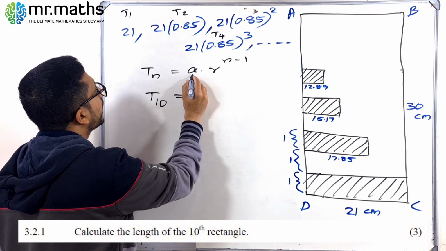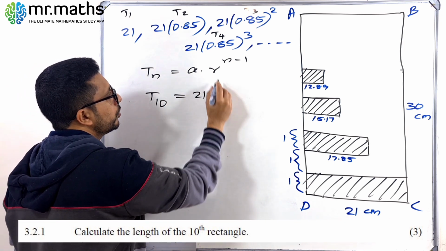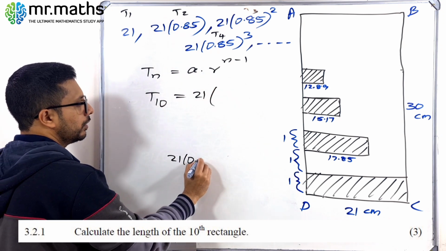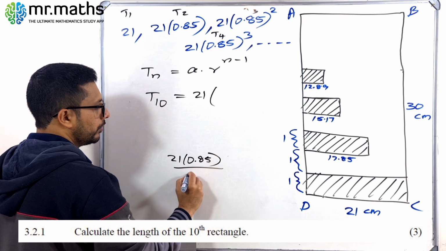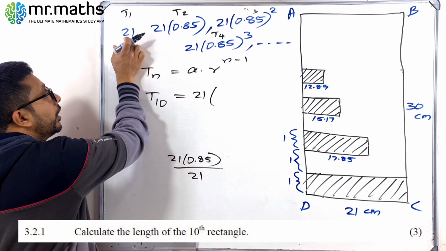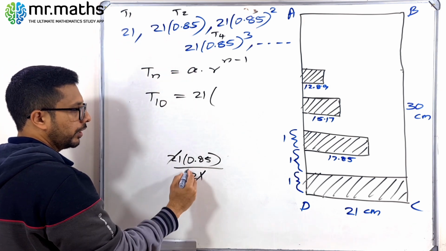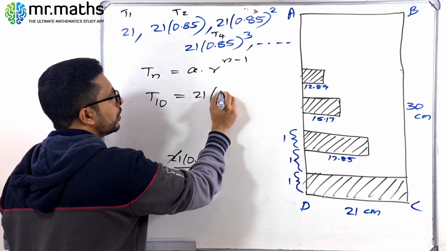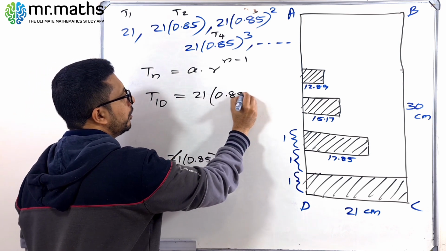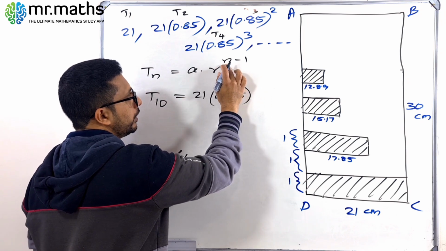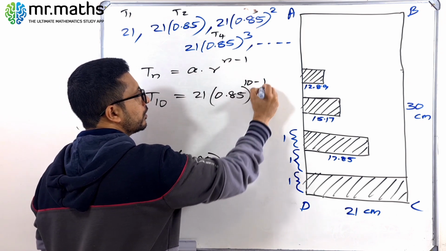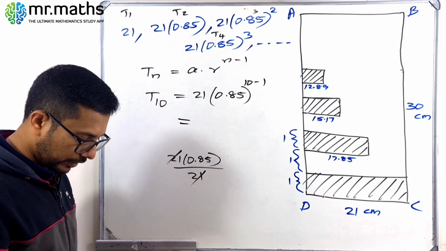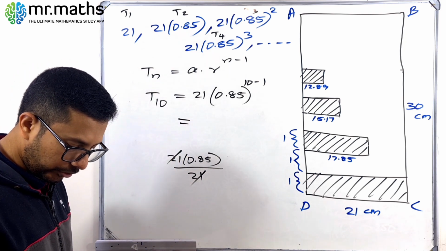So similarly, what is the length of the 10th rectangle? The first term is 21, times the common ratio. What is the common ratio here? Second term divided by first term, so 21 cancels. The common ratio is 0.85, raised to 10 minus 1. Check in your calculator what the answer is.